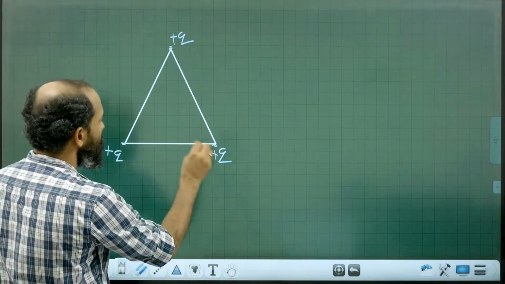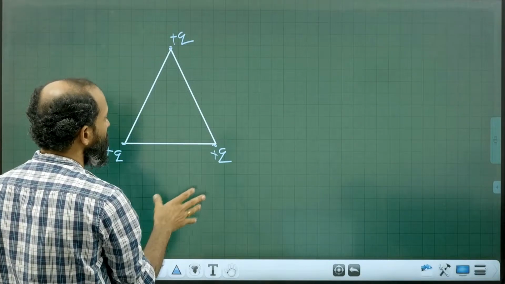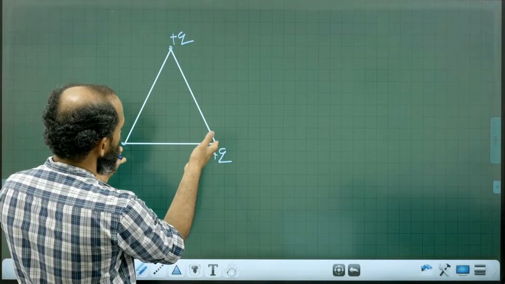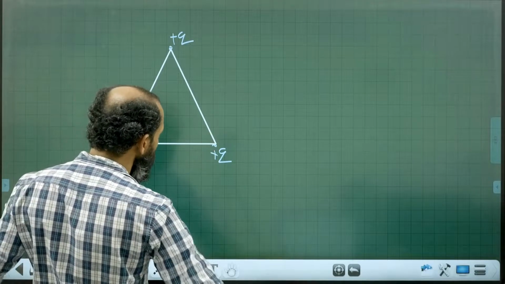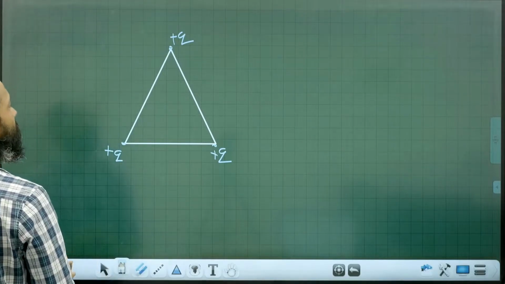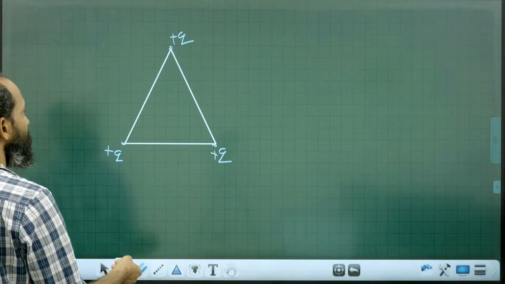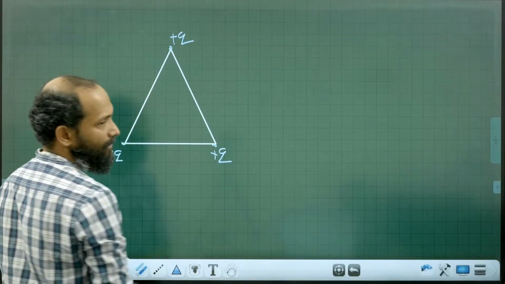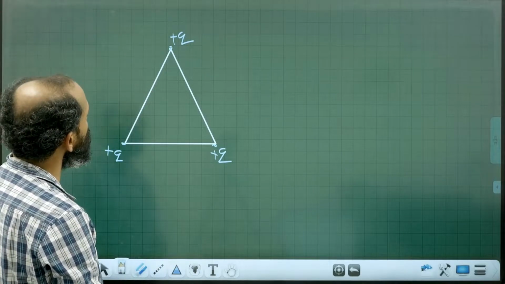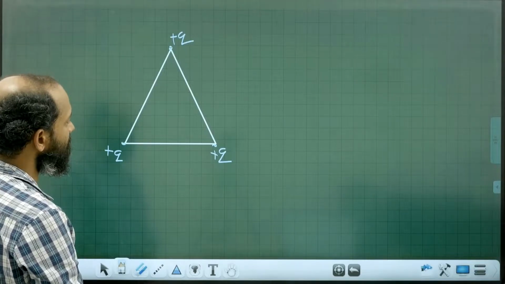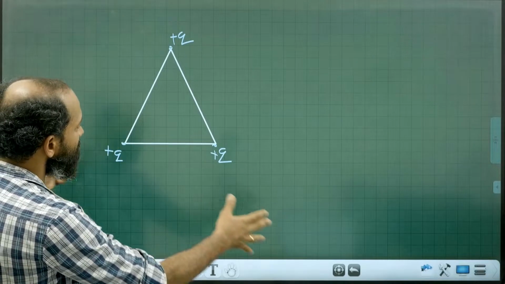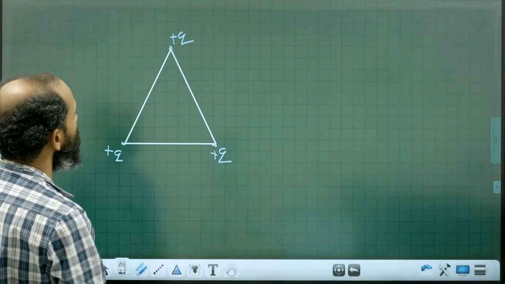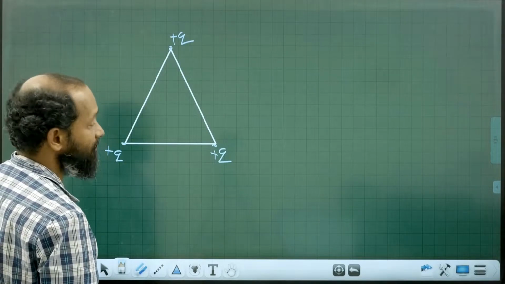If only electrostatic forces are acting over this system, each of those charges cannot be at rest. They will be accelerating along the radially outward direction such that the centroid is the center of a circle of increasing radius, whose circumference will be in contact with each of these charges.